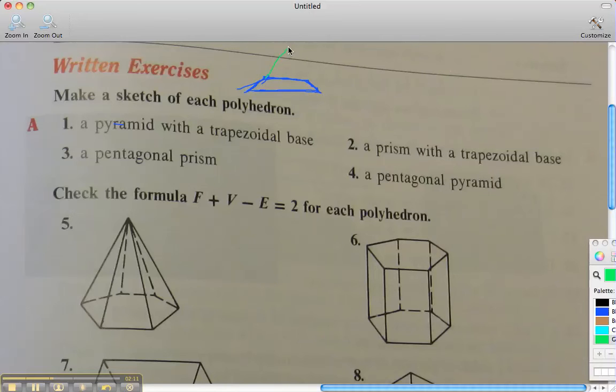Here's a vertex, here's a vertex down here, and I made a new one up here. And then I would draw all of my lines to that top vertex. And that's how I would make my trapezoidal pyramid. That's my sketch of my trapezoidal pyramid.